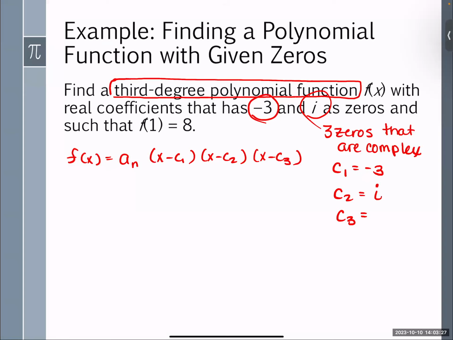If you have a complex number solution, a zero of a polynomial function, its conjugate must also be a zero, a solution. So if i is a solution, negative i has to be, because that is the conjugate of i.